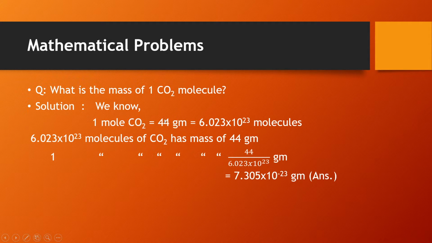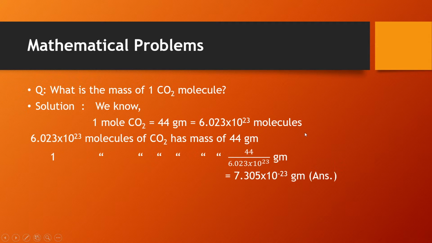So the molecular mass of carbon dioxide will be 44 gram. That is, the atomic mass of carbon is 12, and the atomic mass of oxygen is 16. There are two oxygen atoms present. So by summation, you can obtain the molecular mass of carbon dioxide, that is 44 gram. Then you have to use the unitary method to solve this problem.